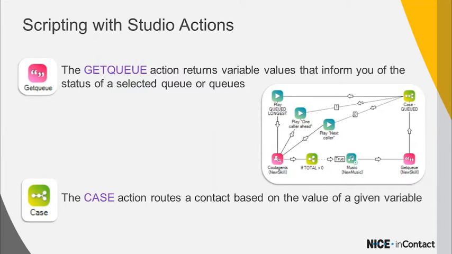The customer who dialed first should ideally be handled first. By using the get queue option in the script, it is going to tell us how many callers are ahead of me.